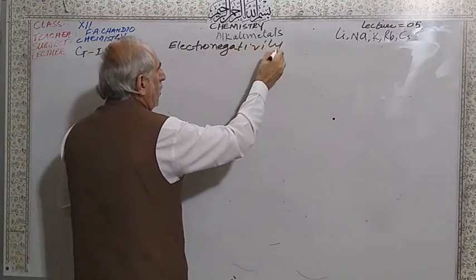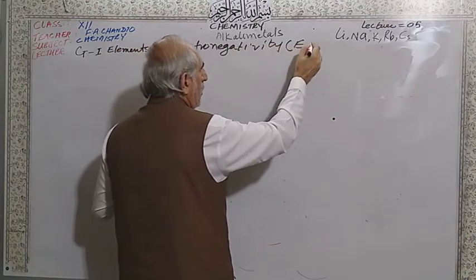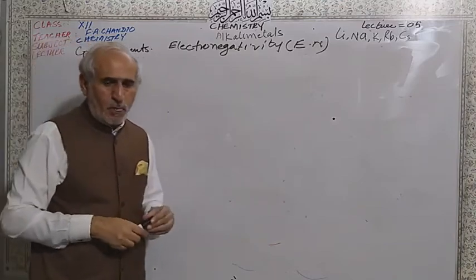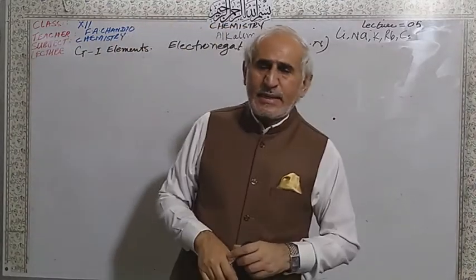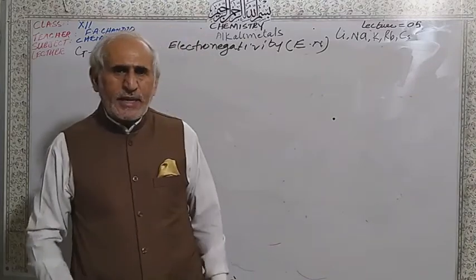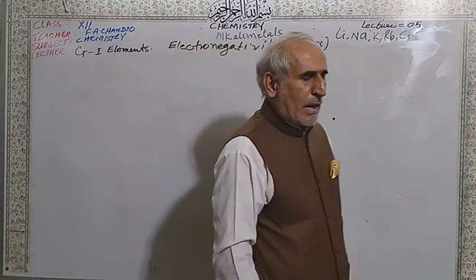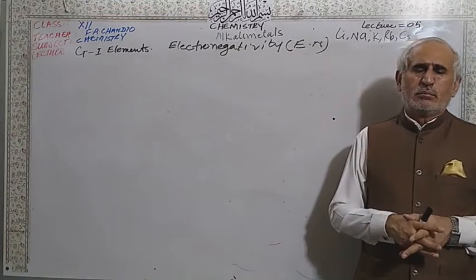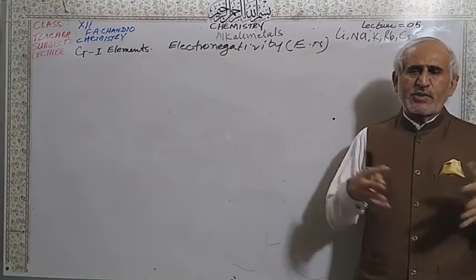So they have the least ionization energy. They have a very high metallic character. The bond is weak, and the electron can be removed easily. From lithium to cesium, you can see the first ionization energy of the group 1 elements decreases. So this is number 1.